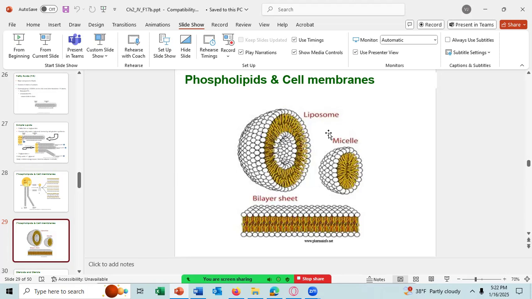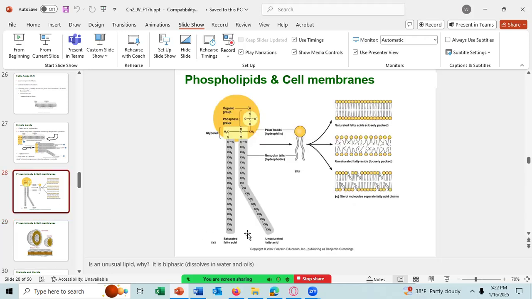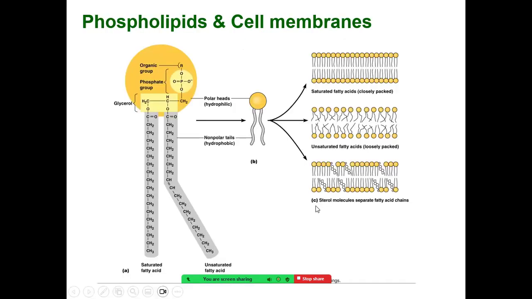All right. So as I stated, phospholipids are the main molecule in the cell membrane. Now, in animals, which do not have a cell wall, animals have cholesterol. Let me blow this up. Cholesterol in their cell membrane.